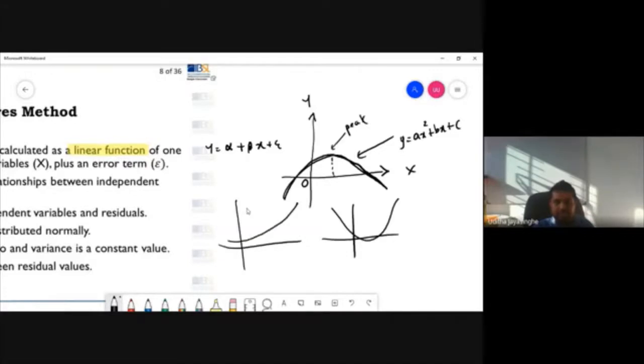Now this is the one, y equals e to the power x. Similarly, there can be many more different types of relationships which are not linear, or non-linear relationships. There are, of course.